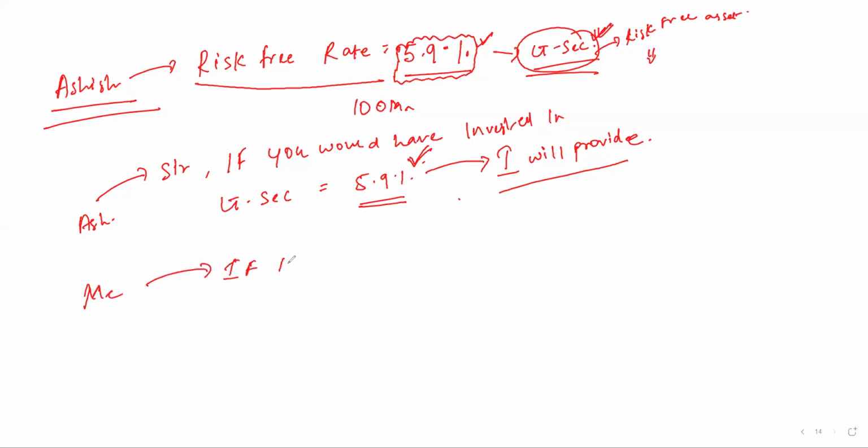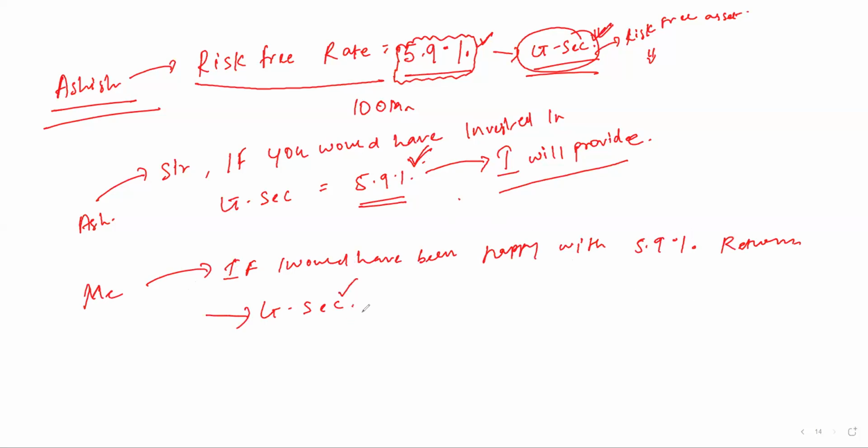if I would have been happy with 5.9% return, I would have invested in government securities, right? If government securities are also providing 5.9% return, I would have straight away invested in government securities. I am investing in your company, and your company comes with a much higher risk as compared to government securities.